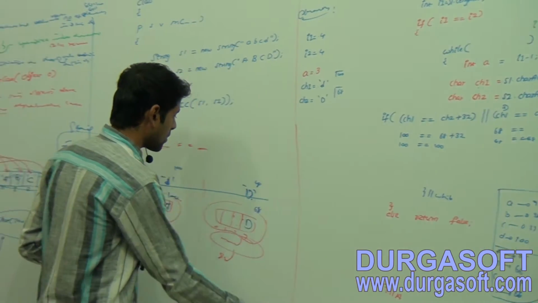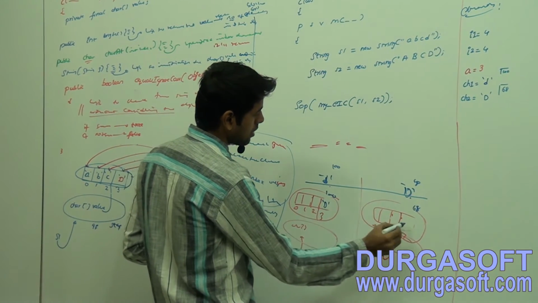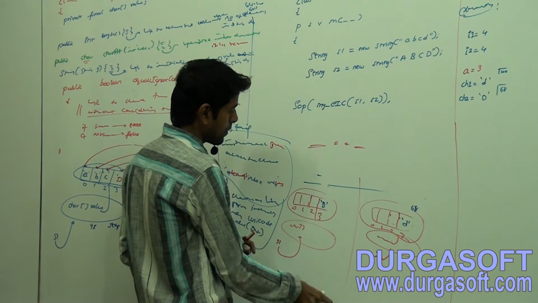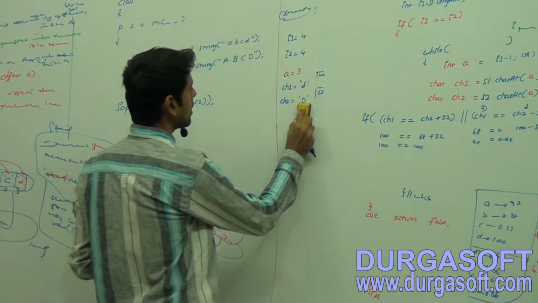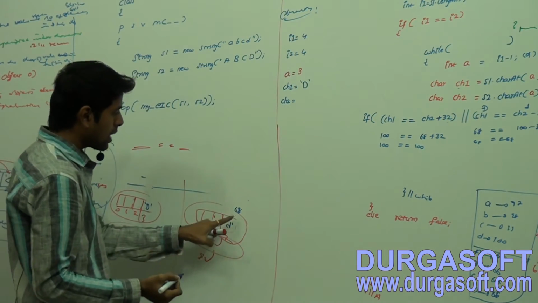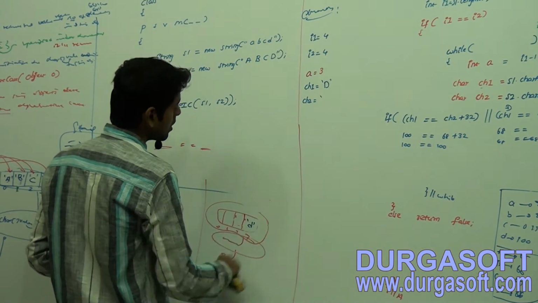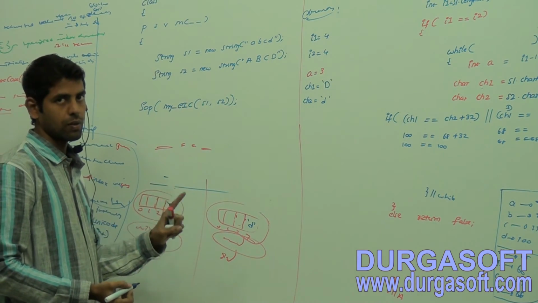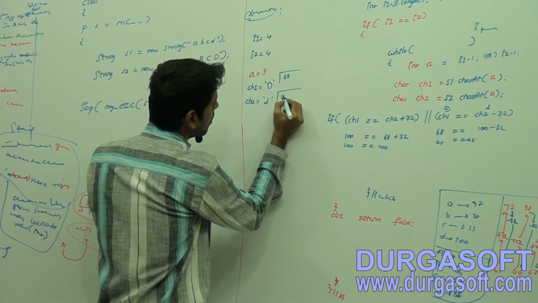Now observe, if you have capital D here and small d there. S1 dot charAt of 3 will be capital D, and S2 dot charAt of 3 will be small d, internally Unicode values: capital D is 68, small d is 100.